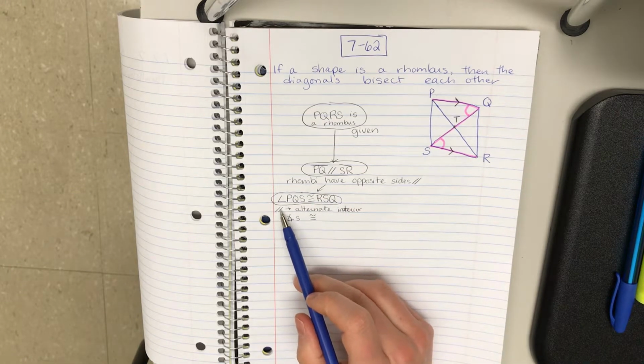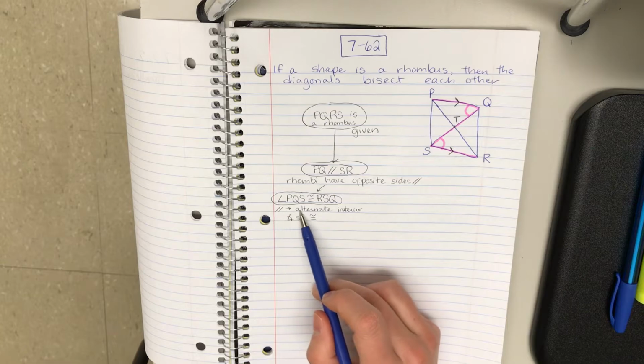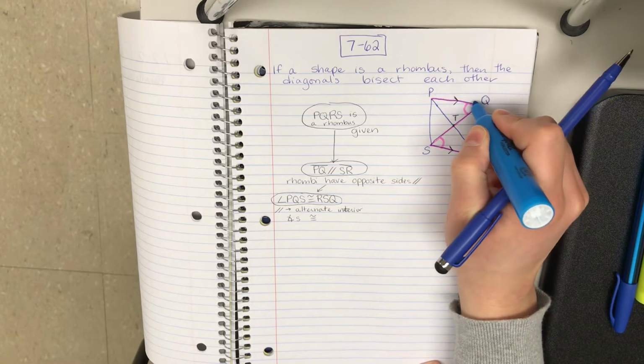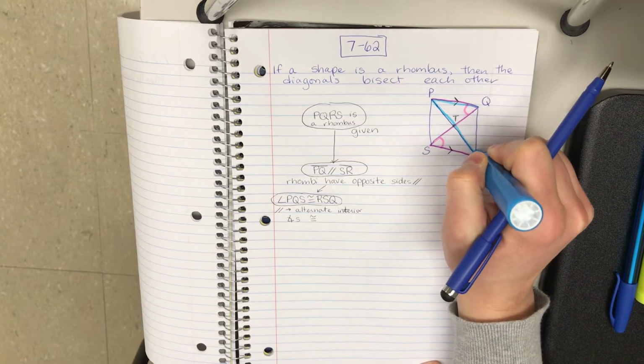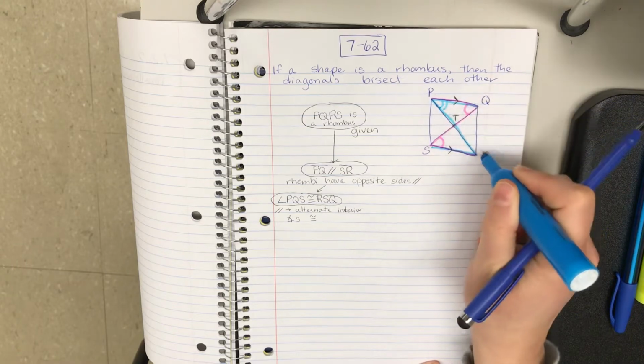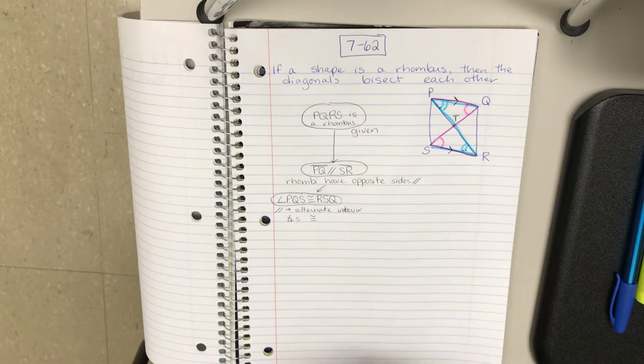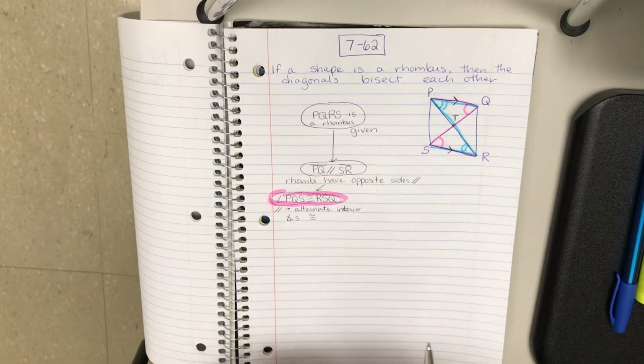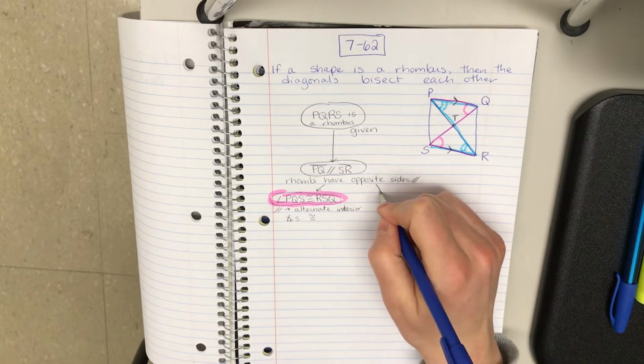Okay, notice I'm using some shortcuts. If lines are parallel, then alternate interior angles are congruent. I can also use the backwards Z to say that those angles are congruent. Okay, so I use the forward Z here, I'm going to use the backward Z here.